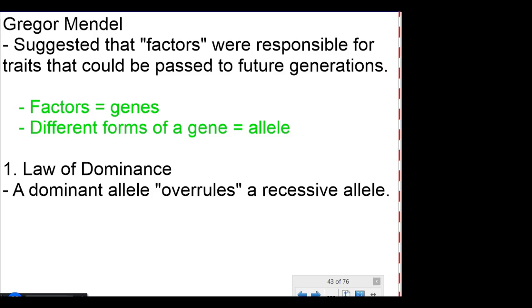Because eye color is actually coded for by more than one gene, it is possible to have two brown-eyed parents having a blue-eyed child.